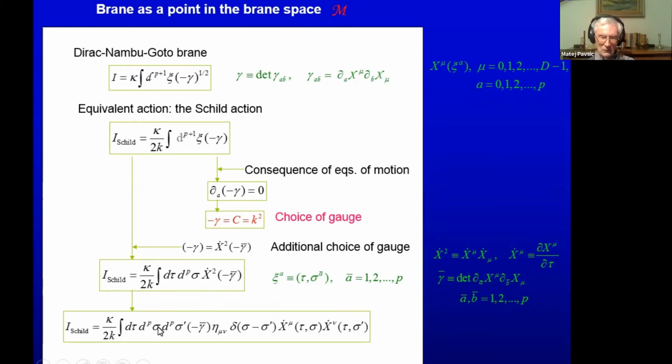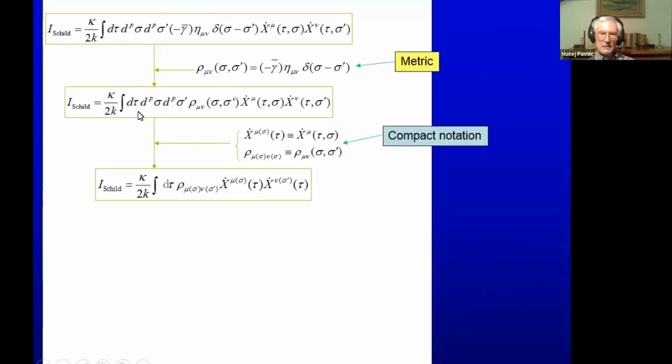Of course, then you have here two integrations, not only one, but by doing so, you can write this action in this way, namely you proclaim this object here as a metric, and this expression here can be written in this way with the metric rho mu nu of sigma. So these are velocities, generalized velocities, velocities of the point in brane space, and this is the metric.